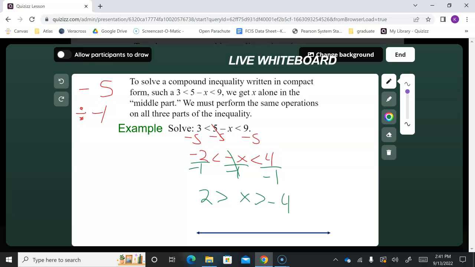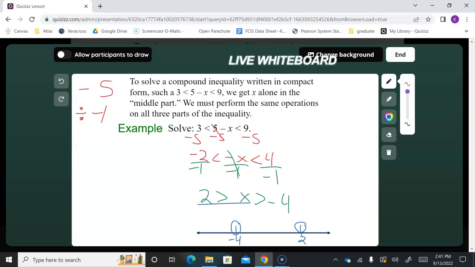So I have my critical values, negative 4 and 2. What circles am I going to use on my critical values? Open for both of them, because neither of them have the or equal to. All right, so let's look at this left one right here. I've got x is less than 2. Which way would I shade from the 2?